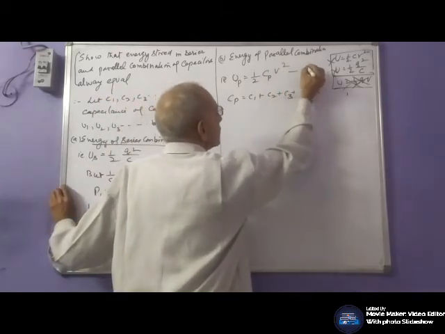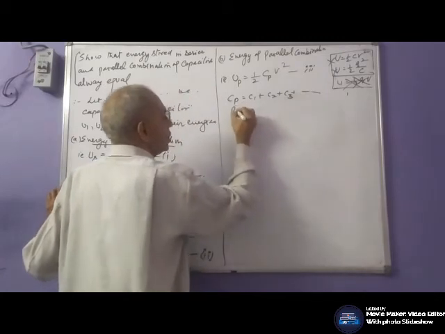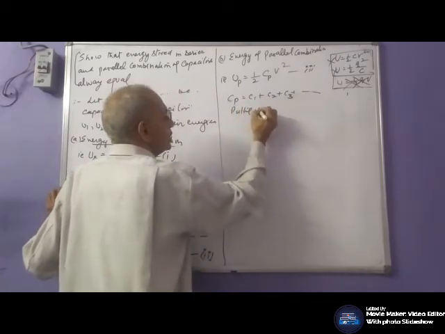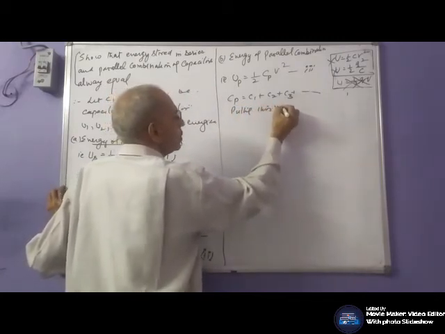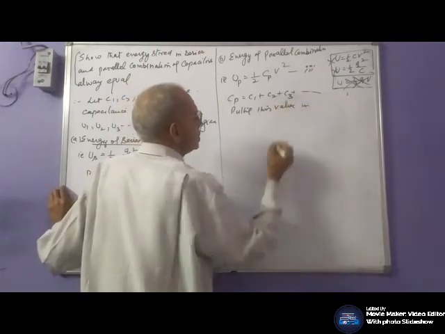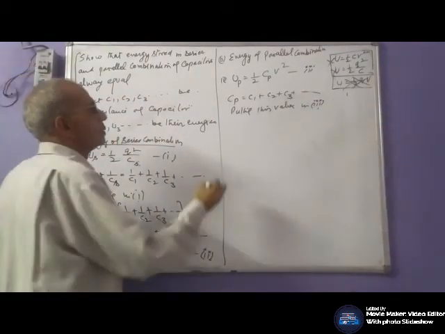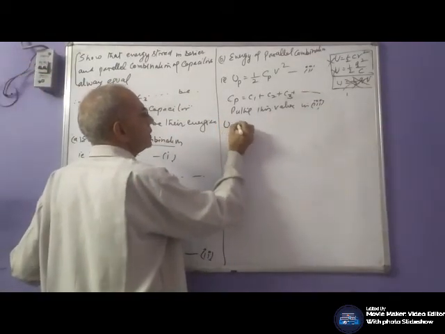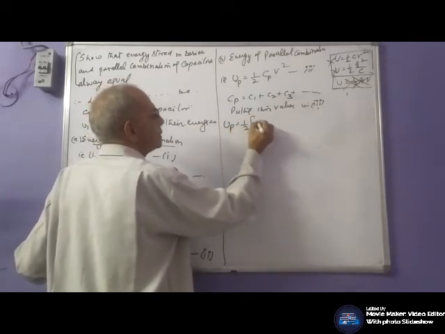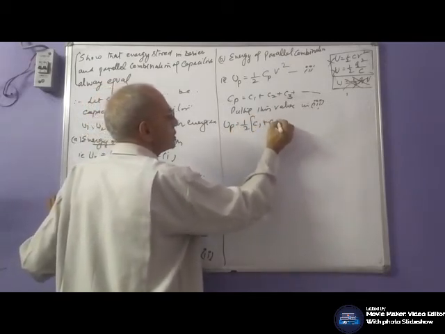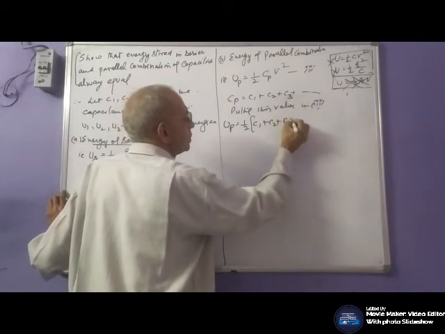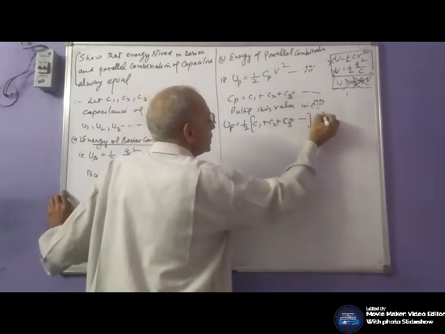This is third. Putting this value in third, UP is half CP, it is C1 plus C2 plus C3 plus so on, times V square.